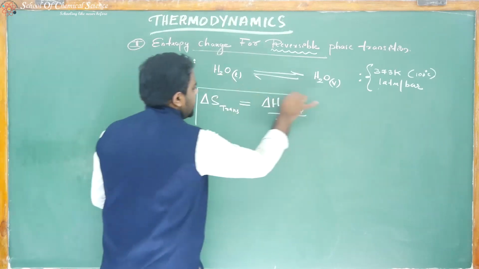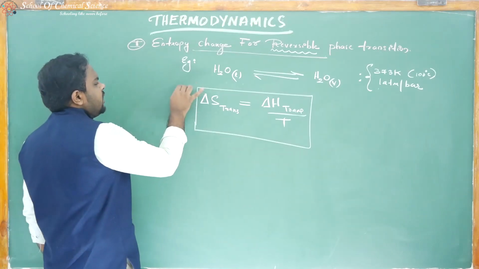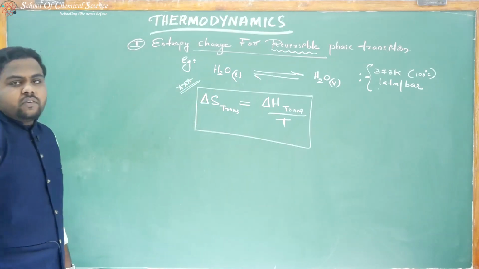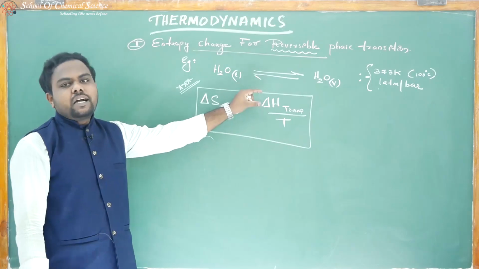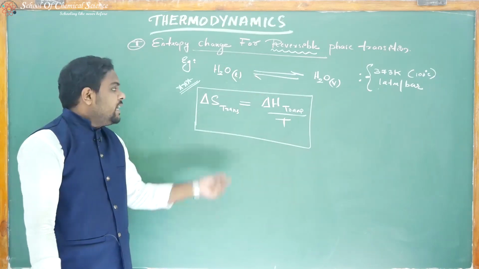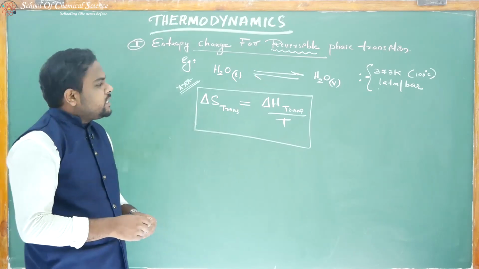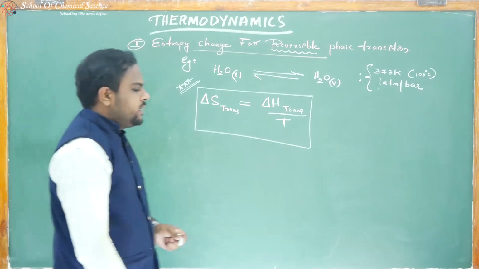A very important equation, only used for reversible phase transitions. If the transition is reversible, the entropy change of transition is given by the equation: enthalpy change of transition divided by temperature. Okay, right, listen.